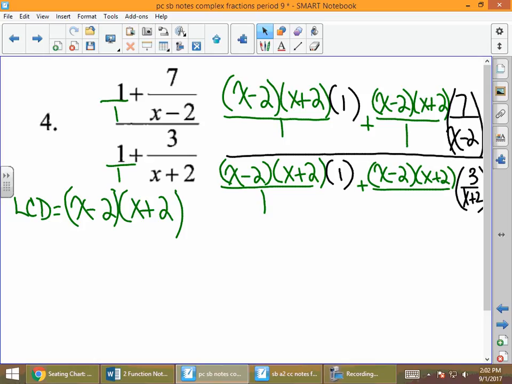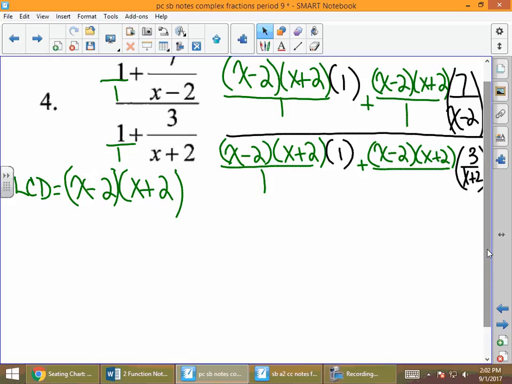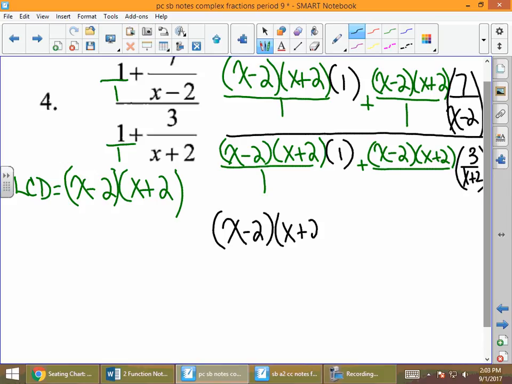When we do this, then we're going to go back and ask, do we have anything exactly the same in the top and the bottom? On this first one, we took x minus 2 times x plus 2 times 1. Well, anything times 1 is just going to be that anything, so we're left with x minus 2 times x plus 2. We don't really need to write the 1 in the denominator. We're trying to get the fractions out. When we look at our next term, we've got x minus 2 times x plus 2 times 7 over x minus 2.